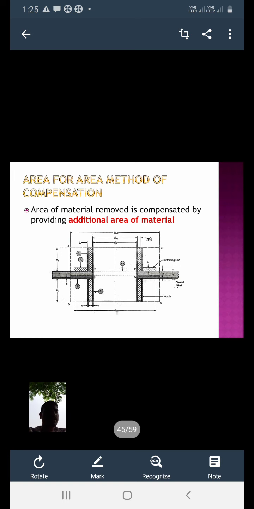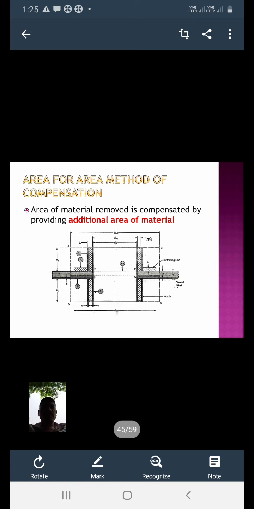This is given in mm. Then next is Ts, the actual thickness of the vessel. C is, we have seen, the corrosion allowance. Design pressure is denoted by Pi. N is the efficiency of the welded joint in the nozzle. NL is the efficiency of the longitudinal joint in the vessel.